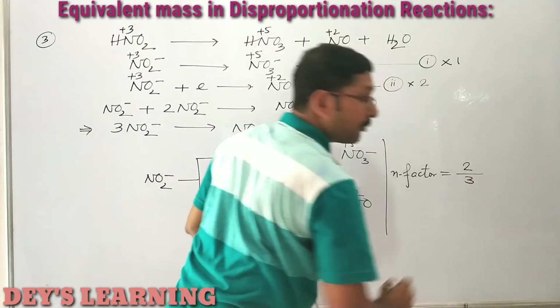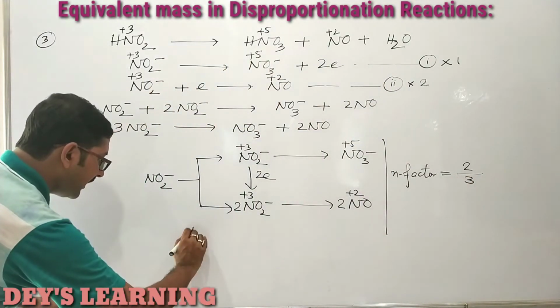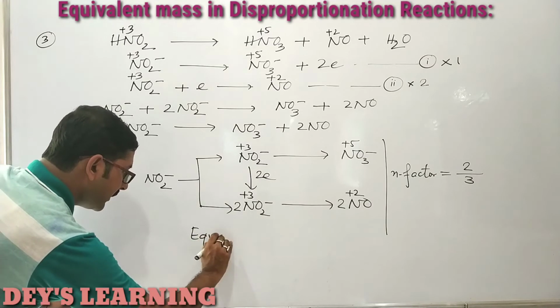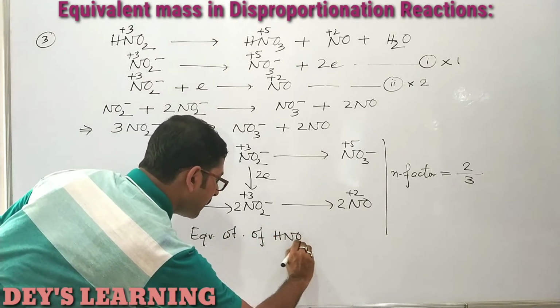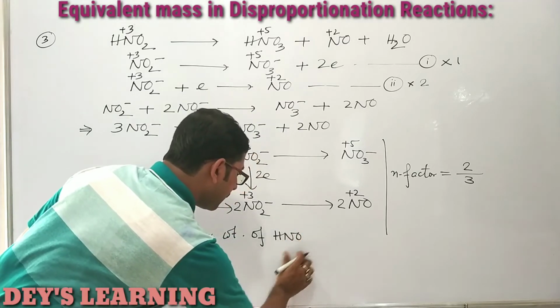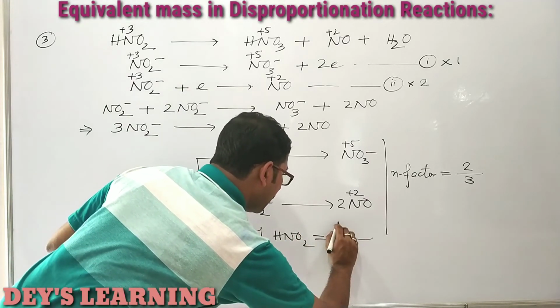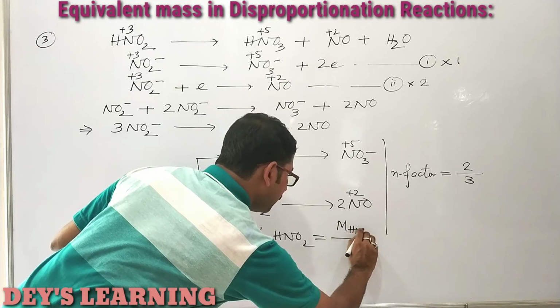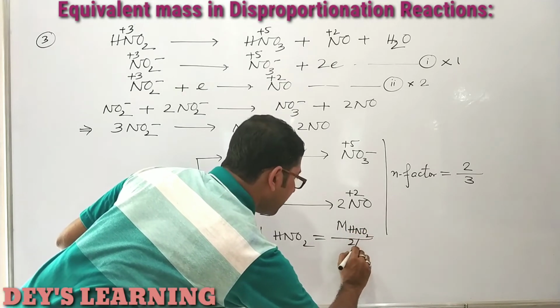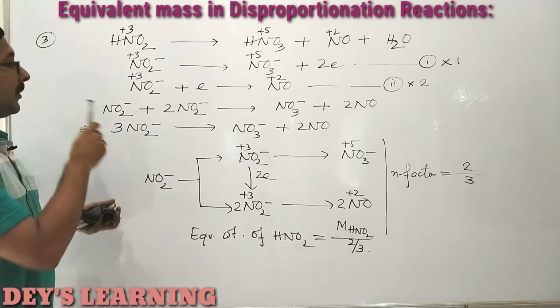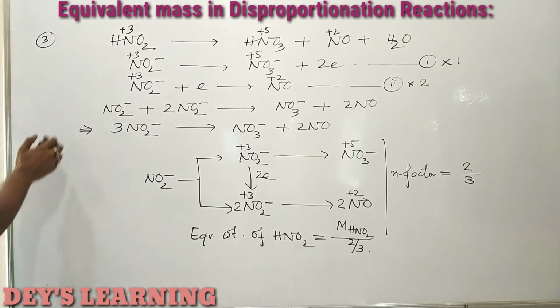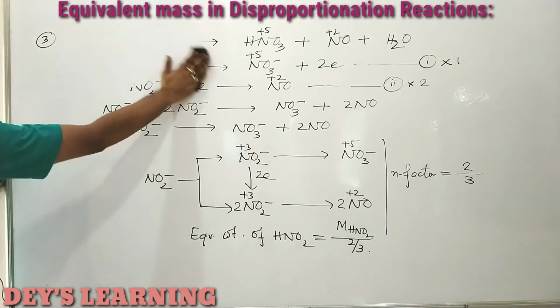The N factor is 2 by 3. Then definitely the equivalent weight of HNO2 equals the molecular mass of HNO2 divided by 2 by 3. This is the N factor. Okay, this is our example number 3.